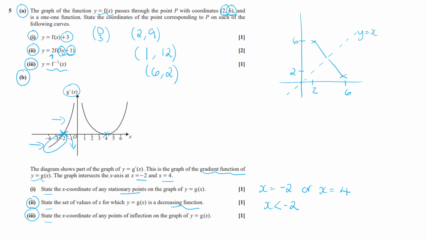But here for the 4, I can see the gradient is above 0 before the 4, and then it is still above 0. If we think of the x-axis as our 0, all of this section here, the gradient is positive. So the point of inflection is going to be at x equals 4 because the gradient either side of that turning point has stayed the same. They're both positive.